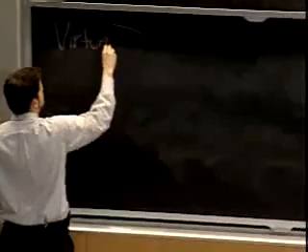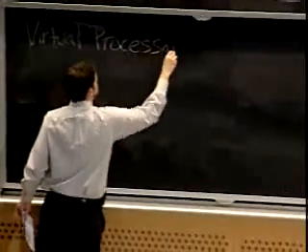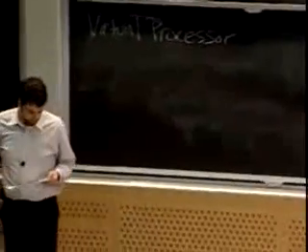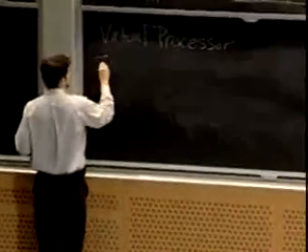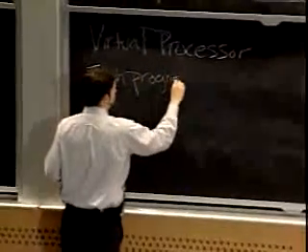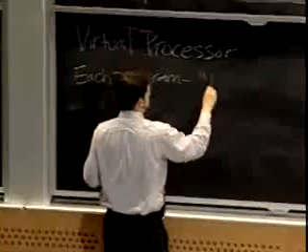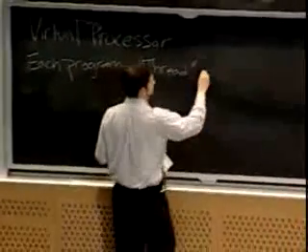So in order to create this illusion of a virtual processor, we're going to introduce a very simple concept. We're going to have each program run in what's known as a thread. And thread is really short for a thread of execution.